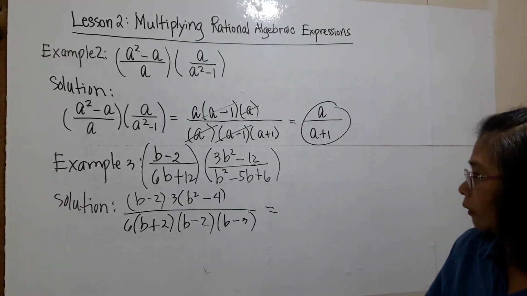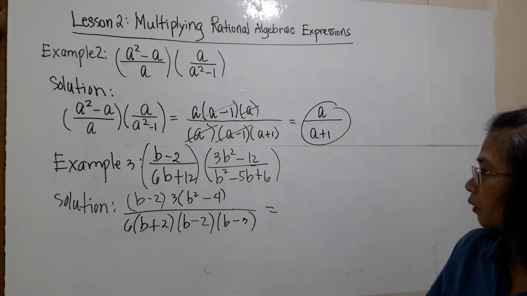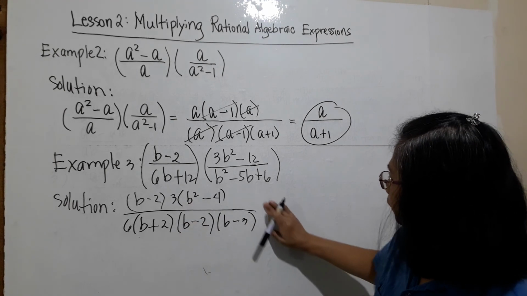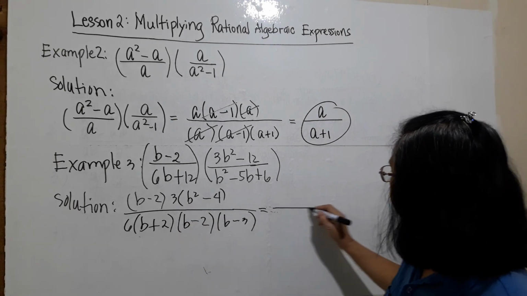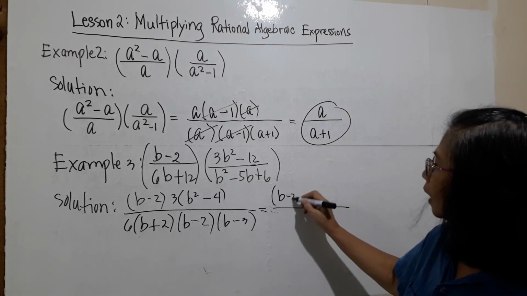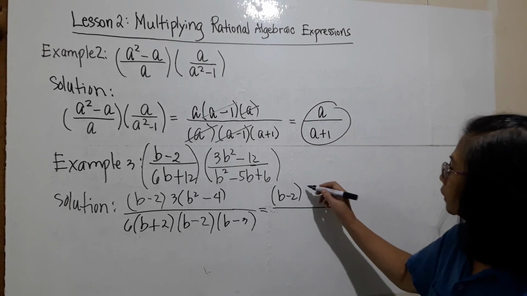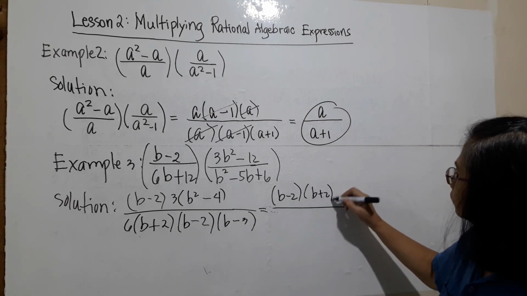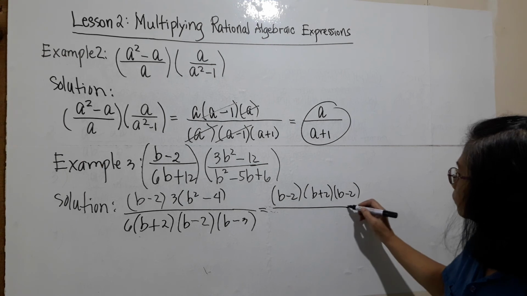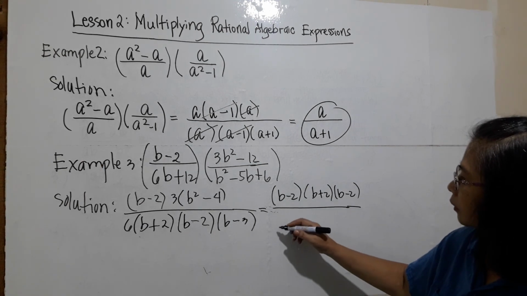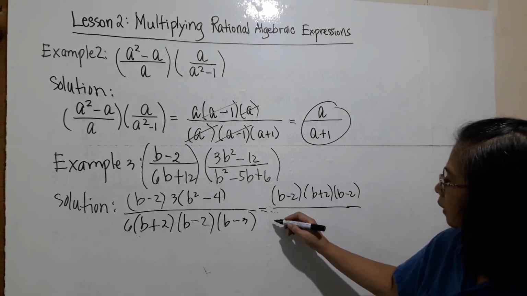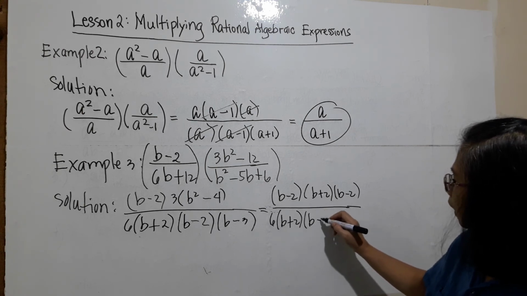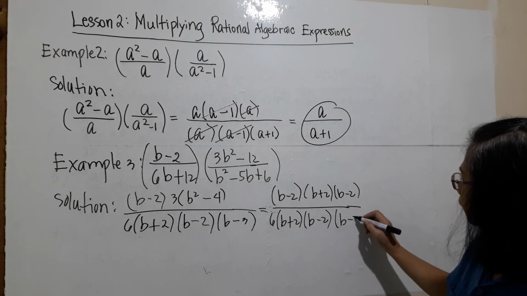But still, we have in the numerator something factorable: the difference of 2 squares. So we copy the other terms. So we have b minus 2 times, factoring now, b plus 2, b minus 2. Then copy the terms in the denominator: b plus 2, b minus 2, b minus 3.